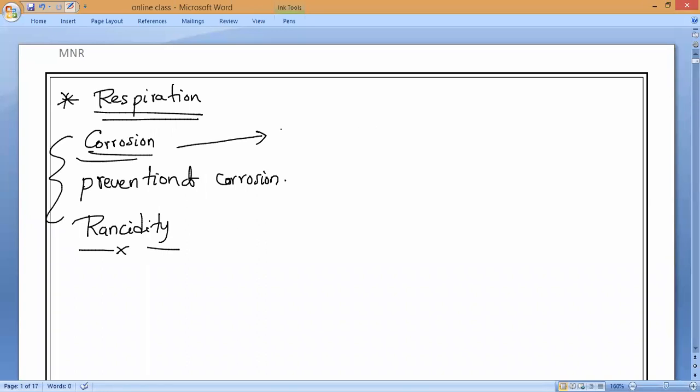Or else, destruction of metals by reaction of some atmospheric gases like oxygen, carbon dioxide, water vapor, and sulfur dioxide, or we can say compounds of sulfur. That is what we call corrosion.